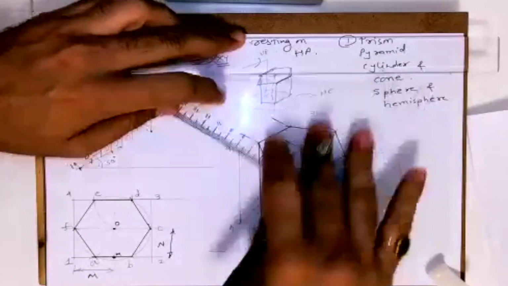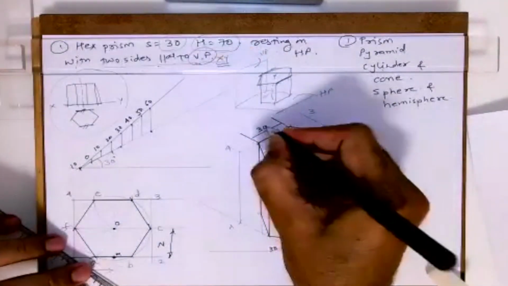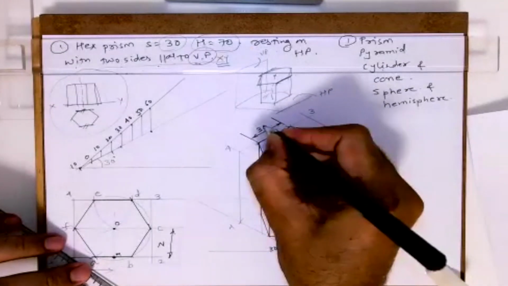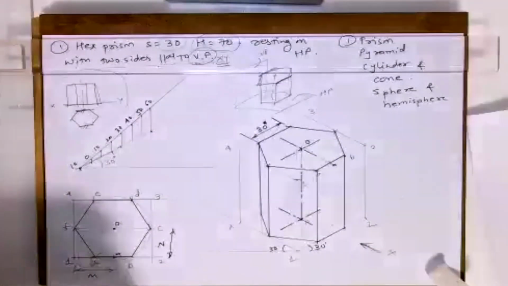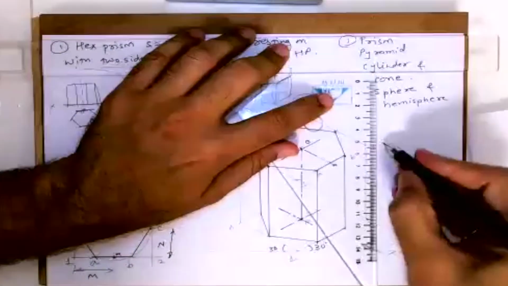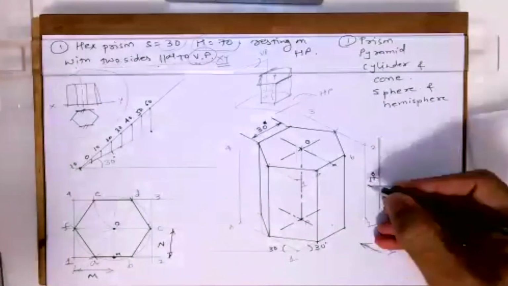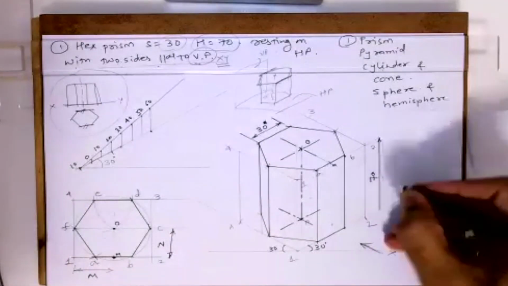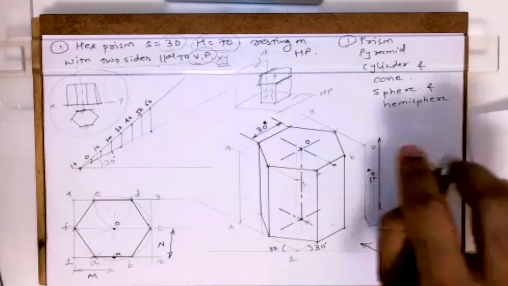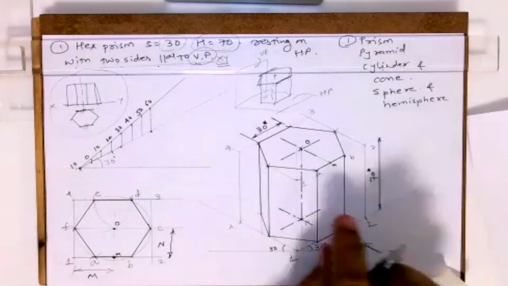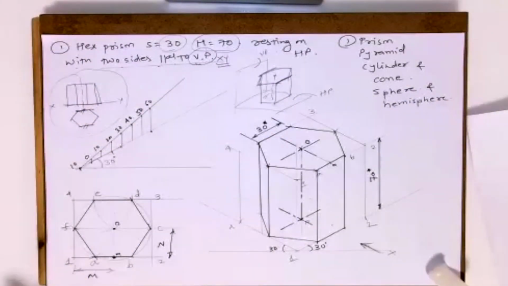But remember, this dimension is 30, but not original. So I'm just doing a star, so you people know that this is not the original dimension. This is the isometric dimension. And the height you show like this, 70. Understood? I'm just doing a star.